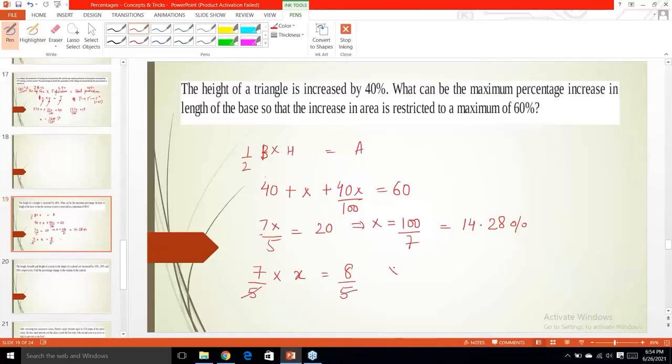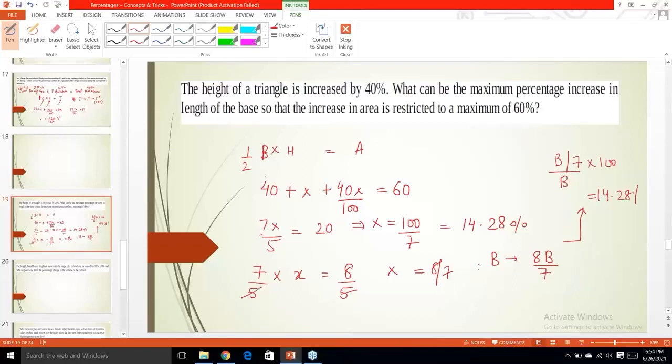So x is 8 by 7. So basically, the base changes from b to 8b by 7, right? So what is the change? Change is final minus initial, which is b by 7 upon initial into 100, which is 14.28% again.